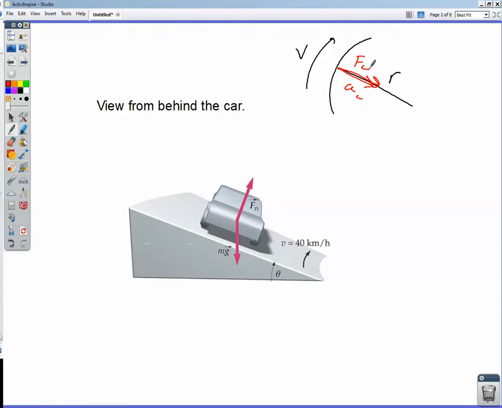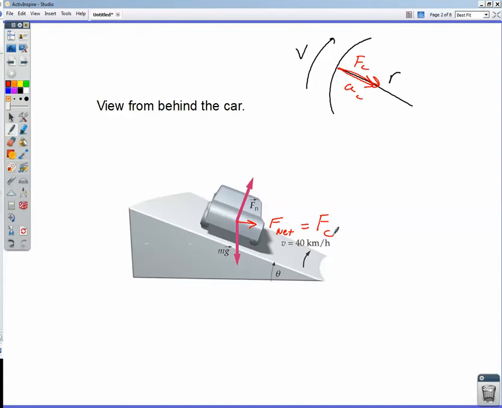So in this picture down here, drawing in our net force for the car, the F net goes straight in towards the center of the circle, not down the ramp, straight in the positive x direction, and that is equal to F sub c.